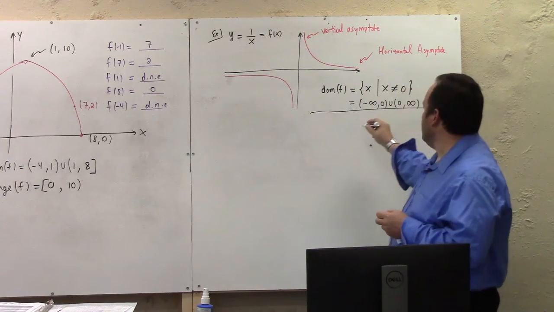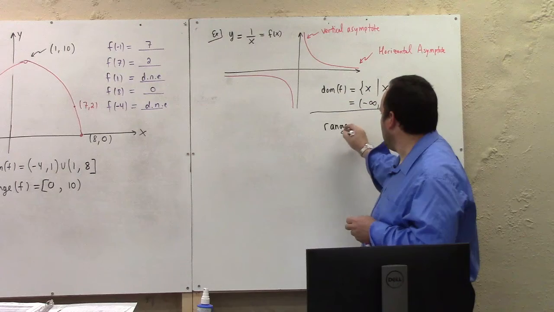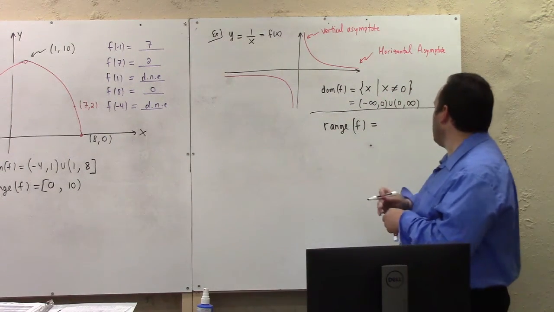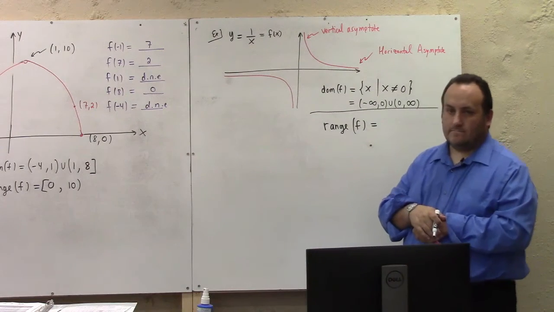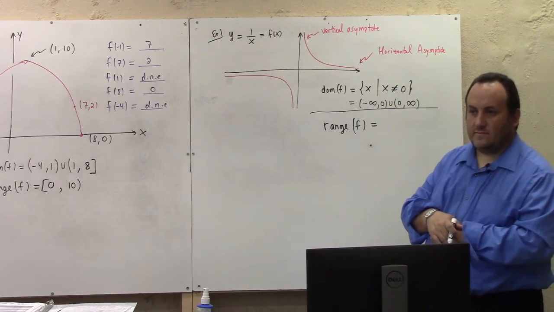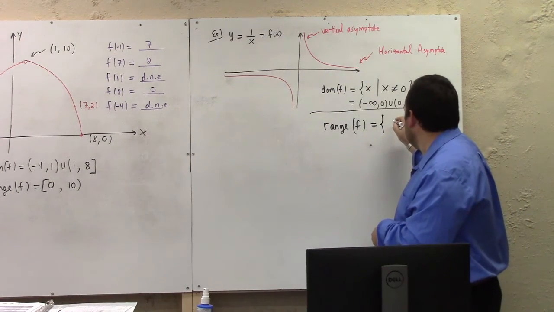How about the range? What are the possible y values here?